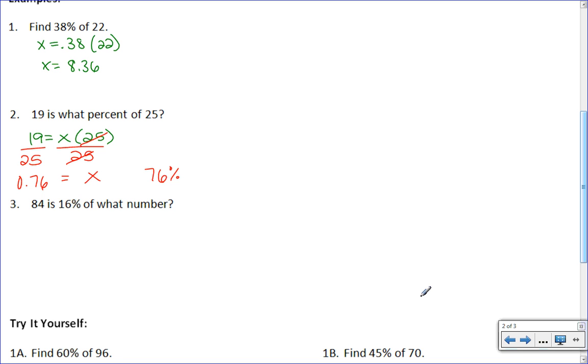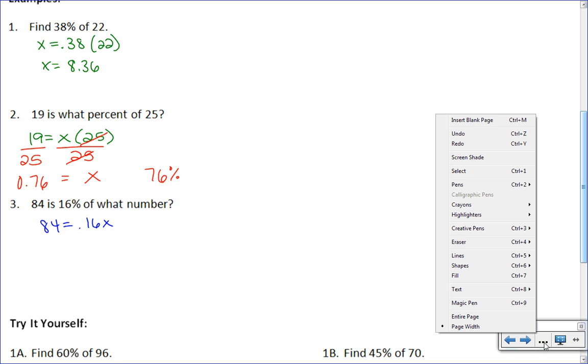Okay, let's do one more. Number 3 says 84 is 16% of what number? We're starting off with 84 is. So 84 equals 16%. We want to write that as a decimal, 0.16, of what number? So multiplied by what number? We'll call it x.